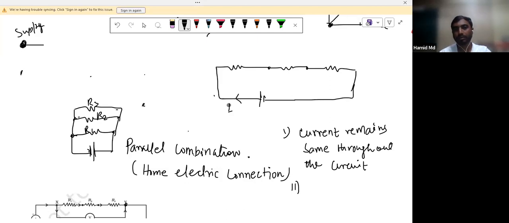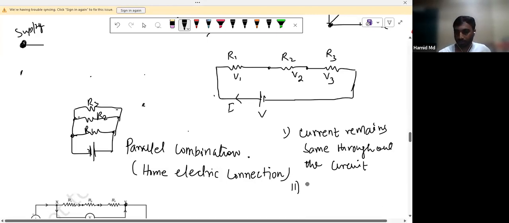Current will flow in this direction. This battery has potential V. This resistance is R1, this is R2, and this is R3, right? So current is flowing this way. The potential drop across this will be V1, here will be V2, and here will be V3.